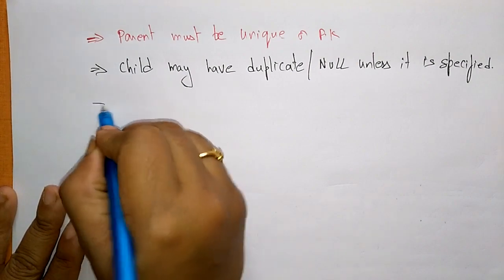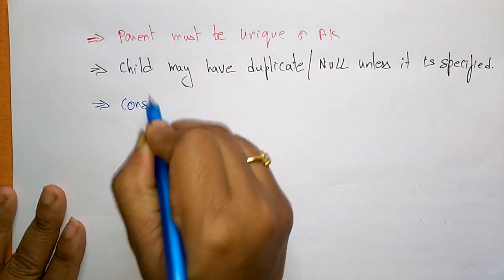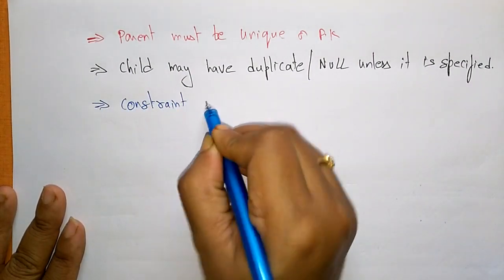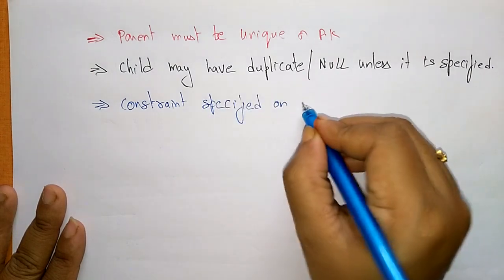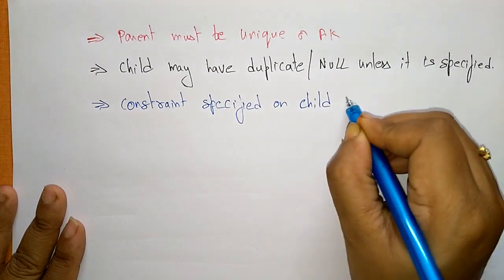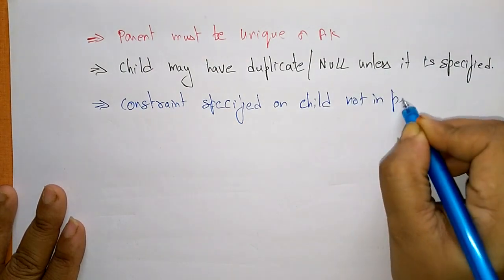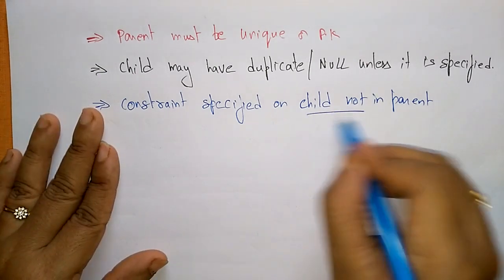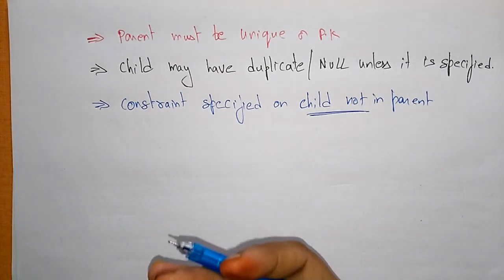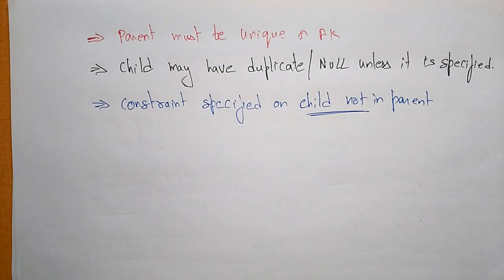Now, constraints are specified on the child, not on the parent. So the constraints should always be specified on the child only. It means you cannot insert a value in the child if the parent does not exist.